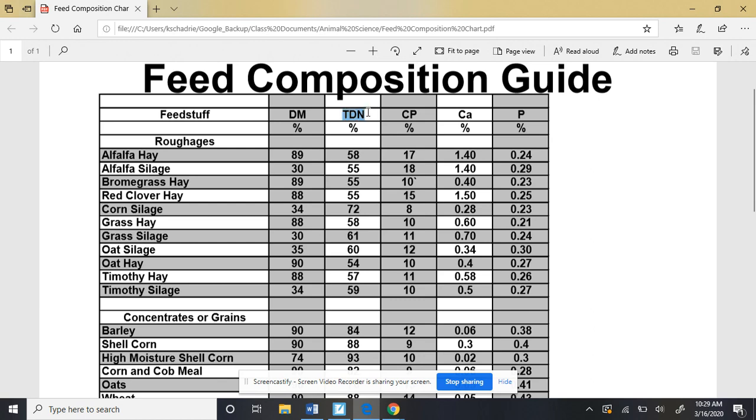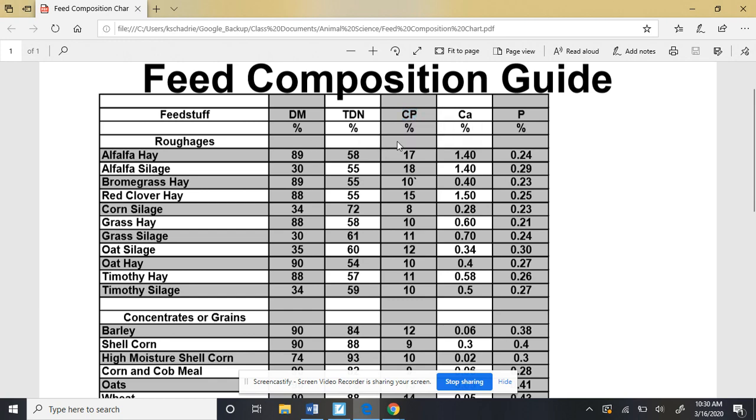Our next column is called TDN, or total digestible nutrients. That looks at how much of that feed is providing easily obtainable nutrients that the animal has actual access to, their digestive system being able to break down and absorb. We know that animals don't absorb everything we feed them. That's why they poop. Our next column, CP. CP stands for crude protein.